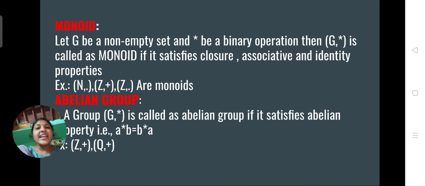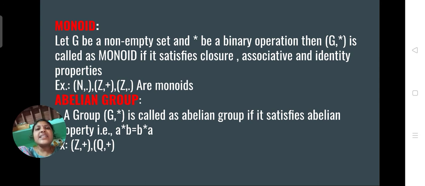That means any group, as I already said, satisfies four properties: closure, associative, identity and inverse. And also if that set satisfies the abelian property, then that set is called an abelian group. Another name for abelian group is commutative group. The abelian property is a * b = b * a.